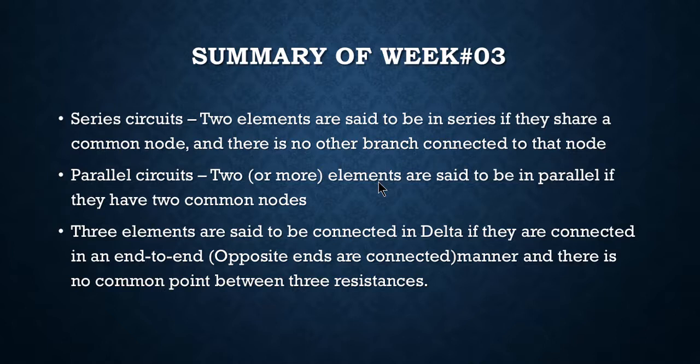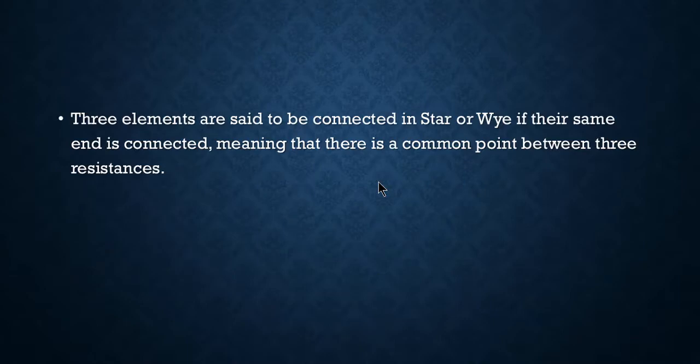The three elements or the three branches do not share a common point, whereas three elements are said to be connected in star or Y connection if their same ends are connected, which means that there is a common point between these resistances or between these three branches, right?